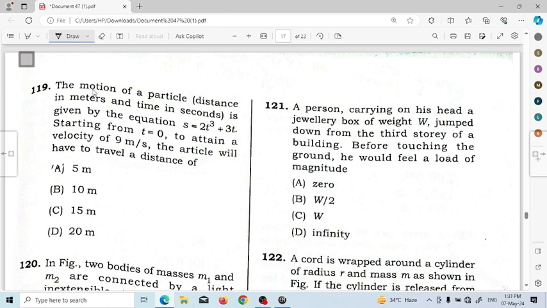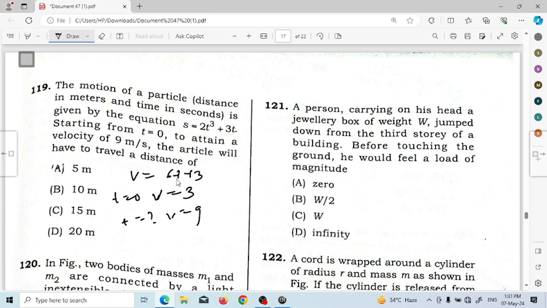Next, question number 119. The motion of a particle, distance in meter and time in second, is given by the equation S is equal to 2t cube plus 3t, starting from t is equal to 0. To attain a velocity of 9 meter per second, the particle will have to travel a distance of. So given S is equal to 2t cube plus 3t, the velocity will be 6t square plus 3, and at time t is equal to 0, velocity will be 3, and at what time will velocity be 9?